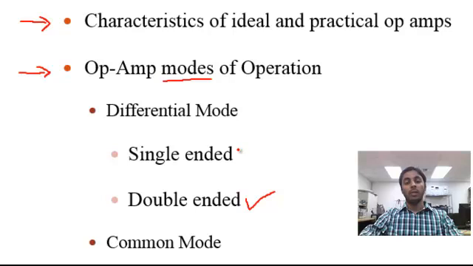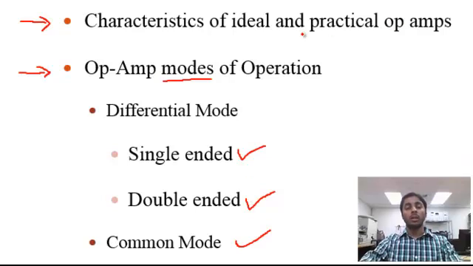If only one of the terminals is being used, that's going to be treated as single-ended. If both terminals are used but with the same input, that's referred to as common mode. So we are going to look at all these three different modes and applications of each mode along with the actual characteristics of an op-amp.